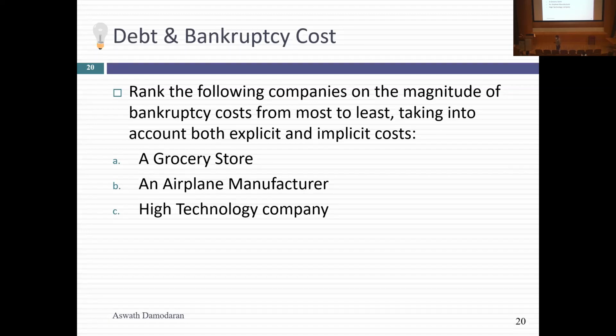To show how these costs can vary across companies, I want you to think about three companies here: a grocery store, an airplane manufacturer, and a high-tech company. And a high-tech company can be a software company or a hardware company. Maybe the answer will be different. Think just purely in terms of indirect bankruptcy costs. In which of these companies are the indirect bankruptcy costs likely to be lowest?